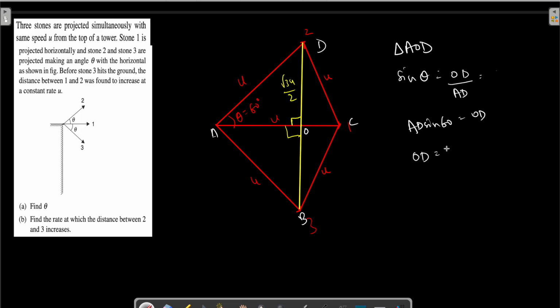So OD is u root 3 by 2. Same thing we get in this thing also. So OD and OB are equal. So BD was our answer, which was u root 3. So for this we have the answer as 60 degree. For this we have u root 3.